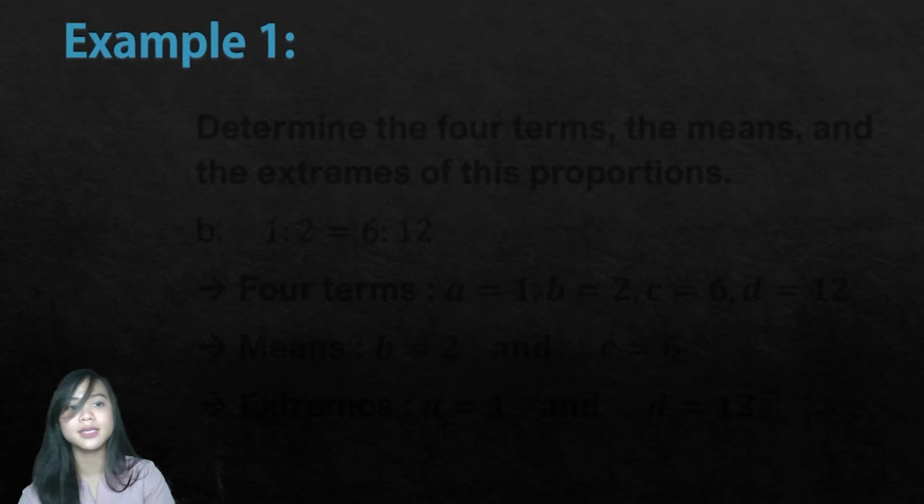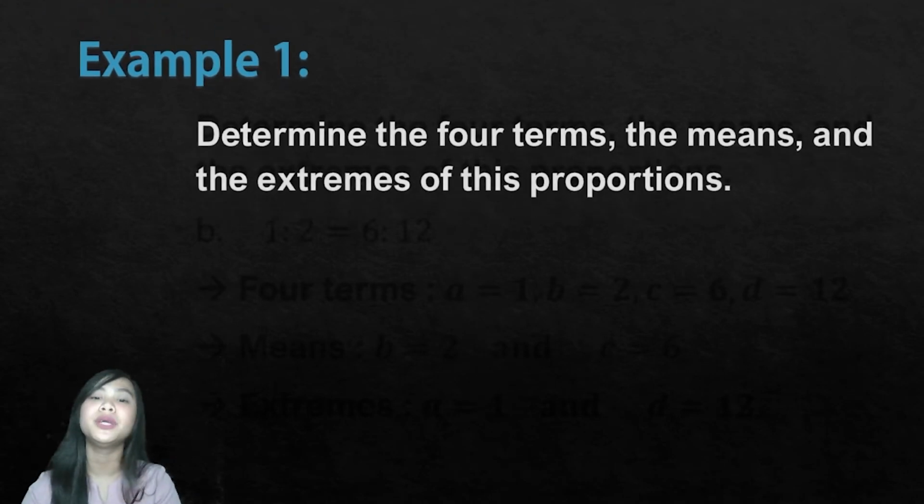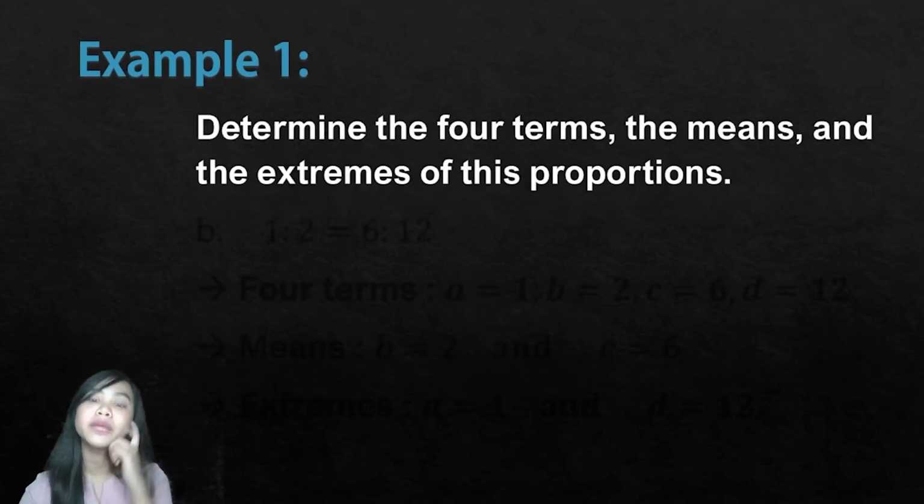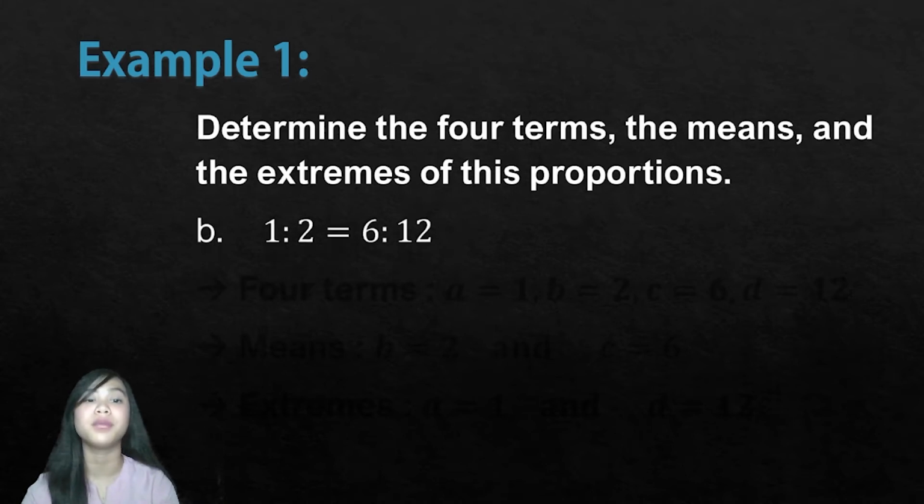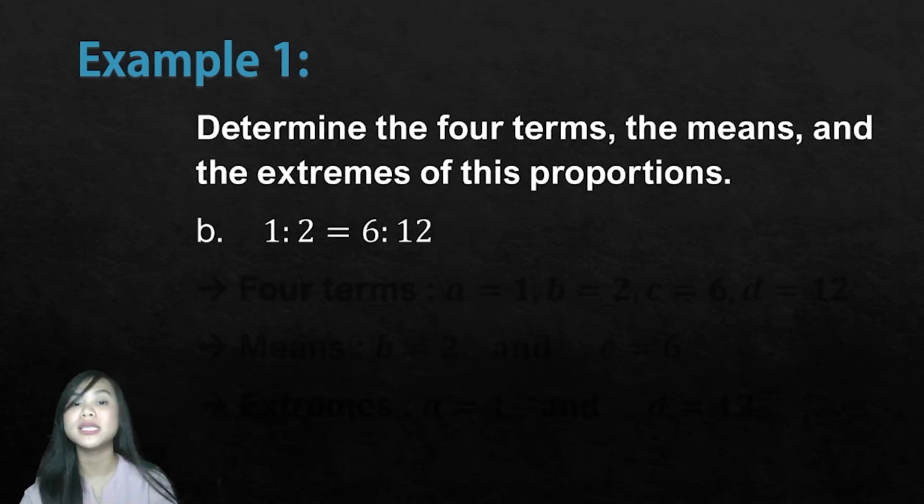Next, in this example, again we are going to determine the four terms, the means, and the extremes. We are given 1 is to 2 equals 6 is to 12. When we multiply 1 by 6, that is equal to 6, and 2 multiplied by 6 is equal to 12.